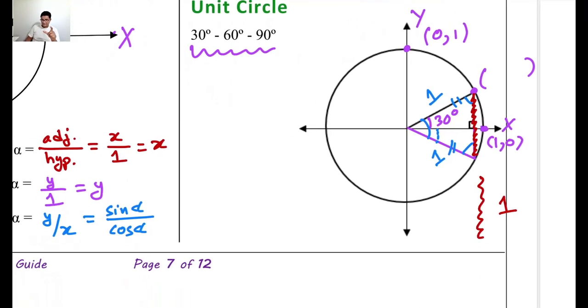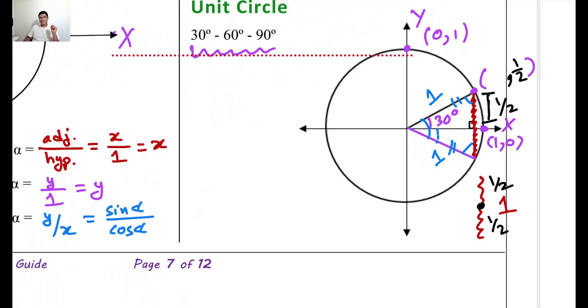How much is half of it at the midpoint? Half up, half down, right? The total is 1, which means this height here, from here to here, is half. Very interesting, right? So what was that height? That height was the y coordinate, half.